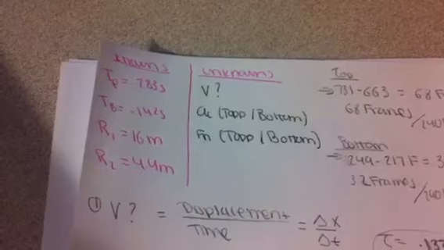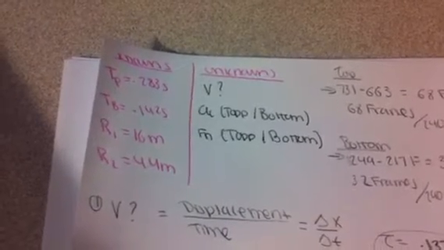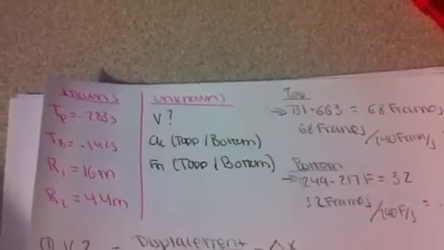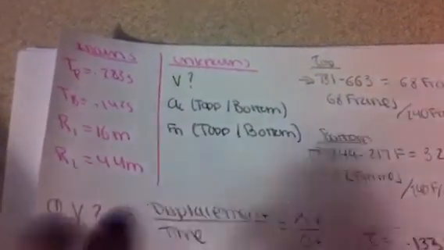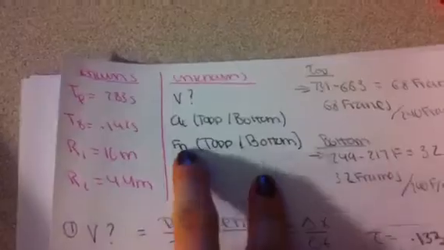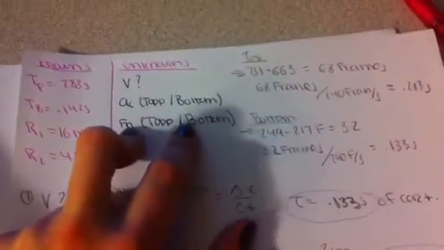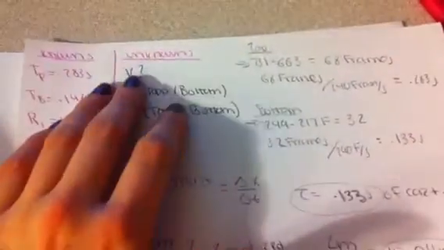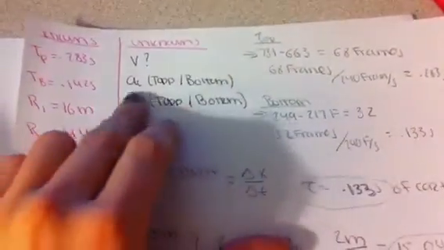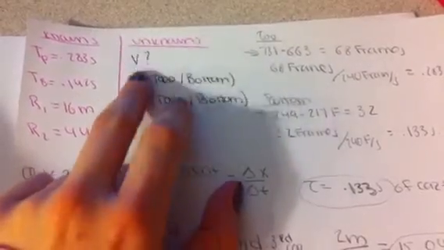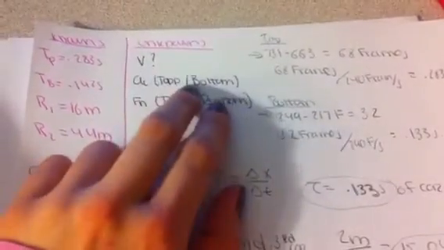I don't necessarily need both, but I did that. We have the radiuses. Now, in order for us to get anywhere, we need velocity. We need the centripetal acceleration top and bottom, and the normal force top and bottom. But for the normal force we're going to need centripetal acceleration, so therefore we need to get velocity first.